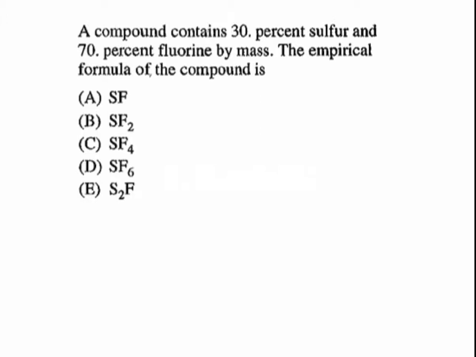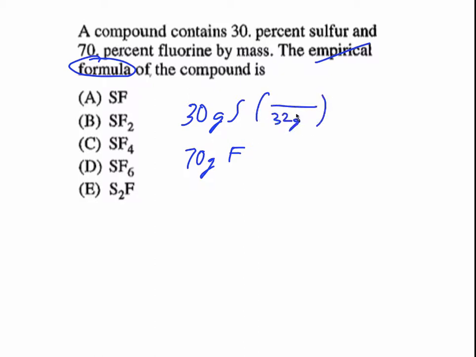So this first one. You got somebody who is 30% sulfur and 70% fluorine. What is the formula? They say empirical formula, who cares? So percent to mass. 30%, I can just call it 30 grams S, and I can call this 70 grams F. Mass to moles. 32 grams per every 1 mole of S. So that's going to yield 0.9375 moles.